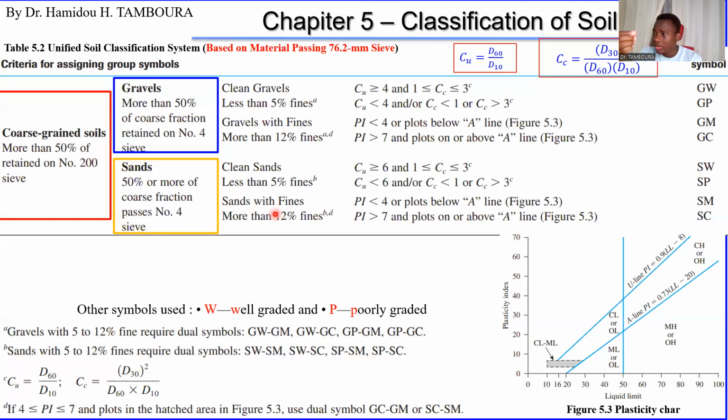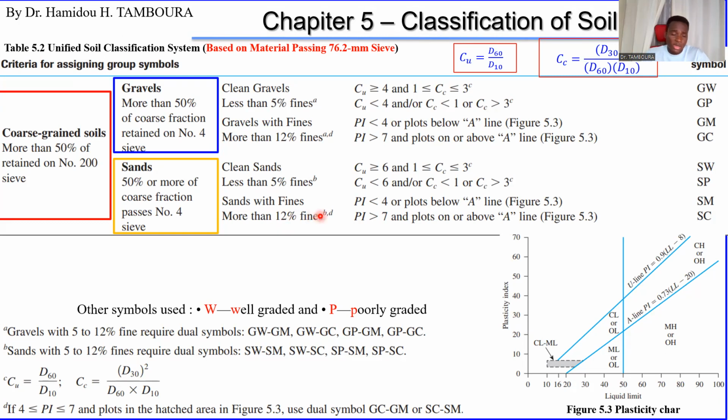The fine is small particles passing the sieve number 200. So if the percentage is higher than 12, then your sand is mixed with some fine. The amount of fine is not negligible.